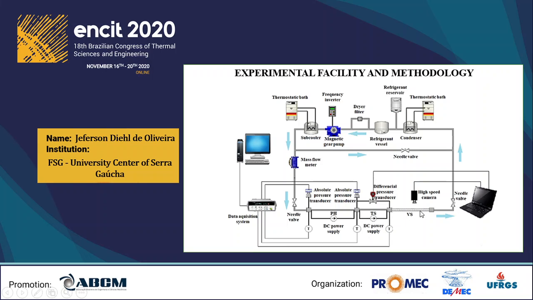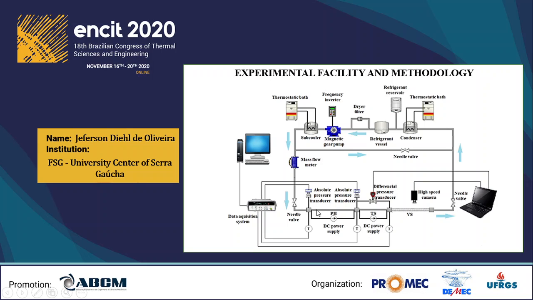Here we can see the visualization section downstream of the test section, with a 136 millimeters length glass tube with the same test section internal diameter. Both preheater and test section are thermally isolated, and the refrigerant enters the preheater to establish subcooled conditions in the inlet of the test section.